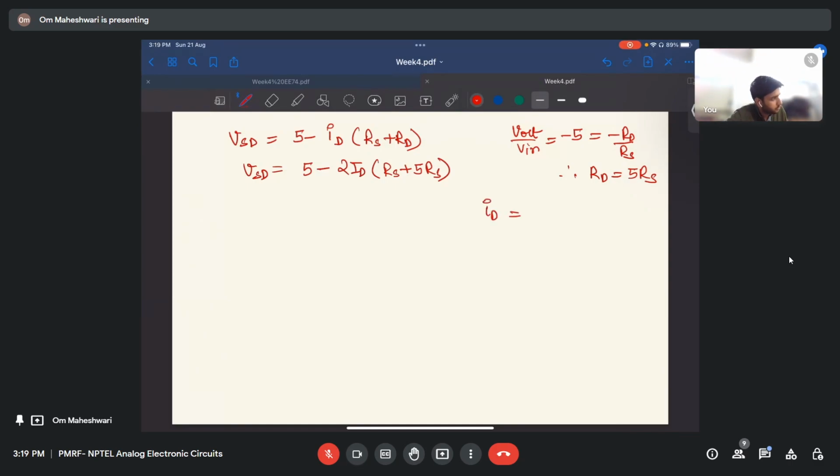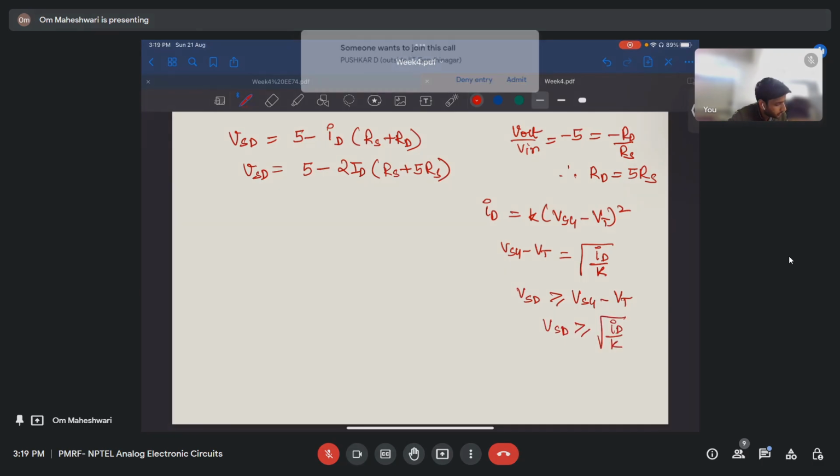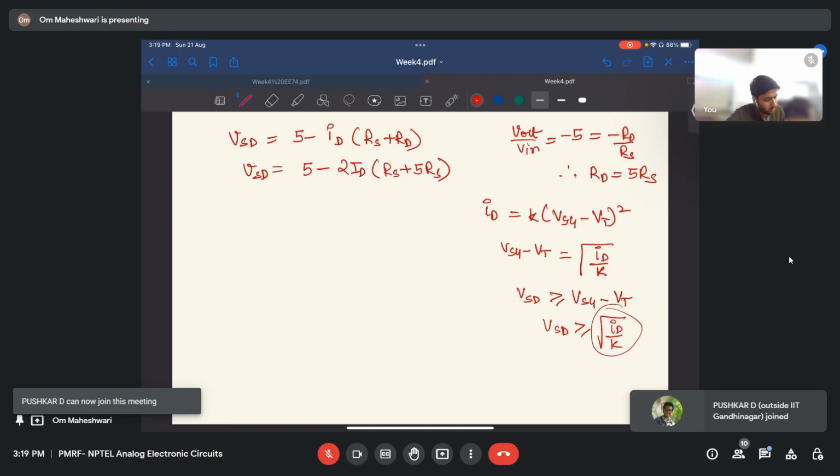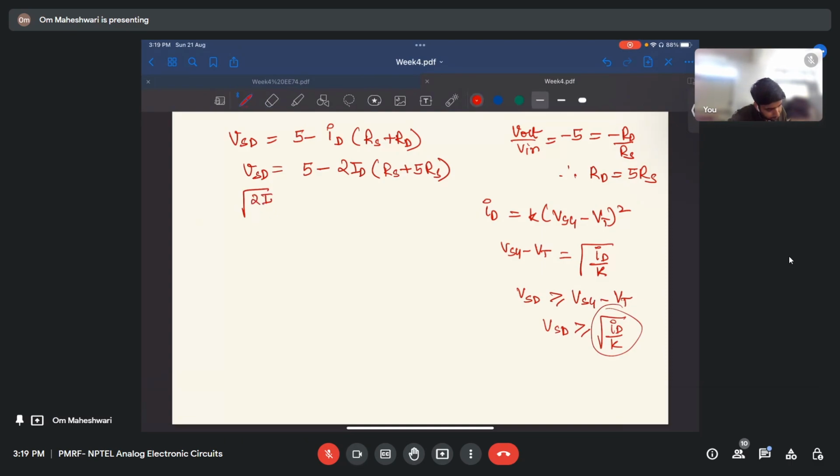Now ID equals K times VSG minus VT whole square. So VSG minus VT equals under root ID by K, and we know VSD should be greater than or equal to VSG minus VT for PMOS saturation. So VSD should be greater than or equal to under root ID by K. We will take this worst case, with ID we found to be 2ID.